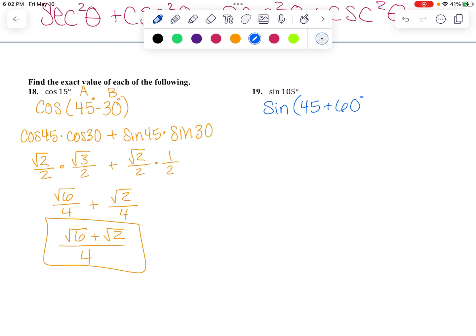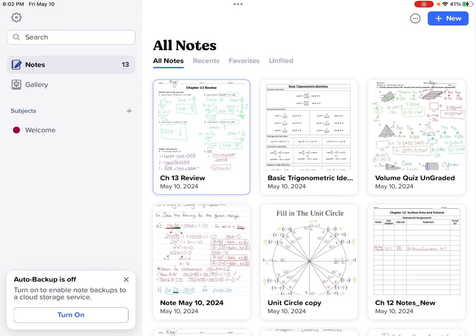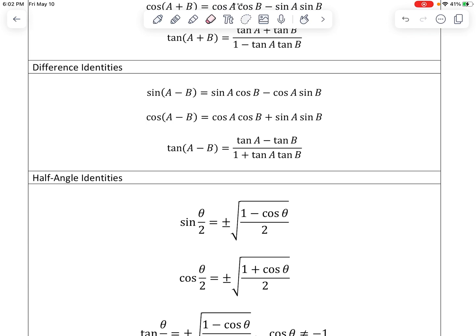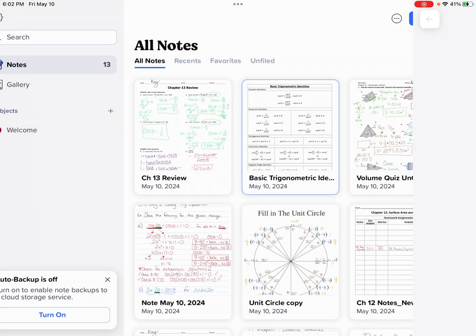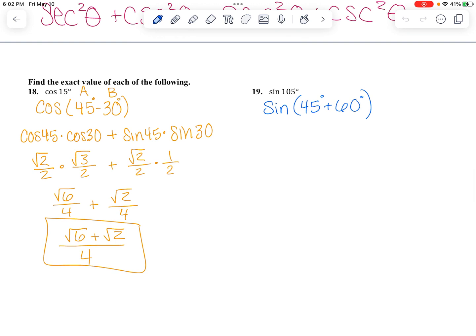Sine of 105 degrees is 45 degrees plus 60 degrees. So the sum of sines identity is where we're going next, which it is up here: sine of A, cosine of B, plus cosine A, sine B. Sine of 45 times cosine of 60 plus cosine of 45 times sine of 60.